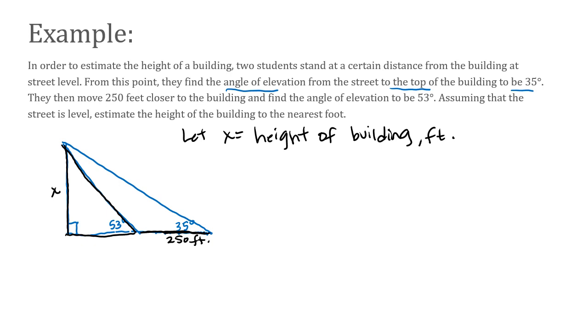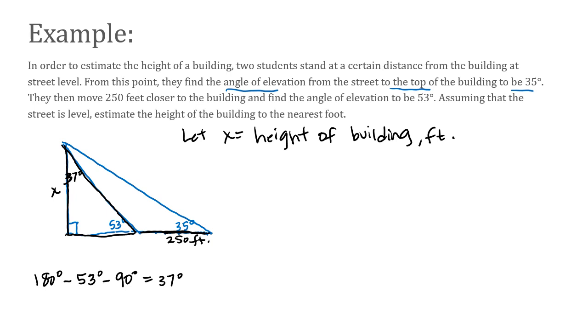If I take 180 degrees and I subtract 53 degrees and I subtract the 90 degrees, what does that leave me with? That leaves me with, I think, a 37-degree angle. So this little piece up here at the top is 37 degrees.